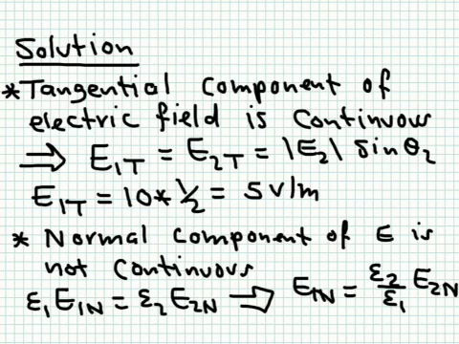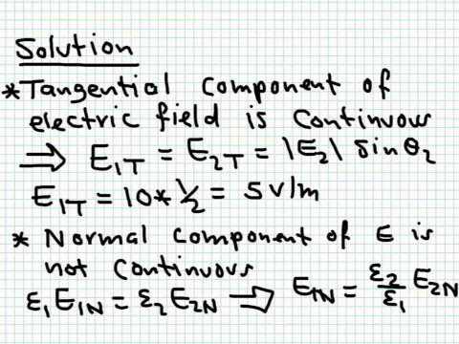Now we know that the normal components of the electric field are not continuous, but they are related through a ratio of epsilon 1 to epsilon 2. So epsilon 1 E1 normal is equal to epsilon 2 E2 normal. This is D1 normal and this is D2 normal. So the vector D is continuous, but the vector E is not continuous.